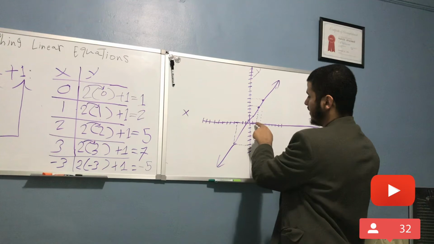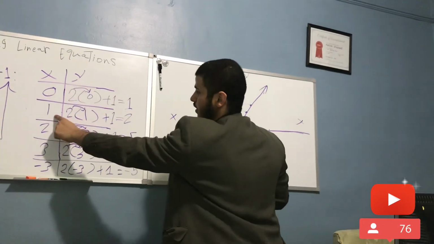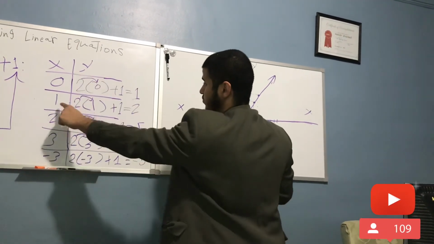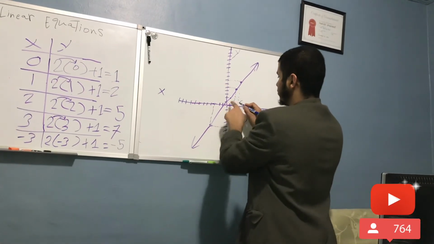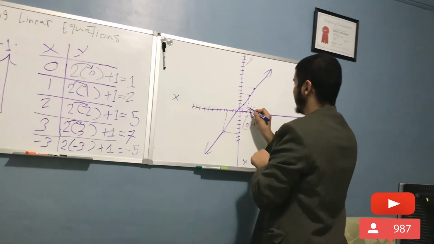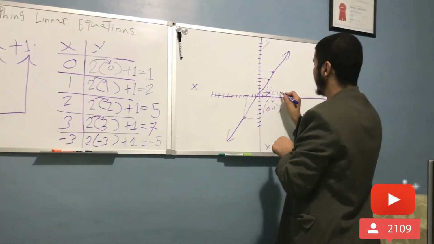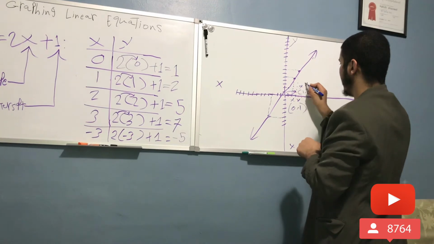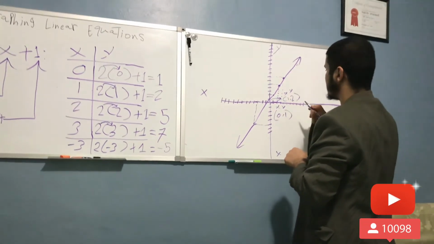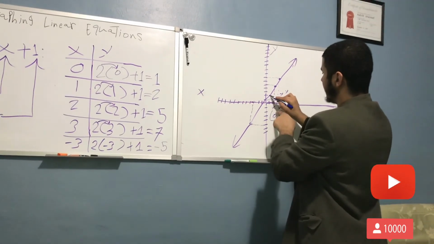In the second one, the x-axis is 1 and the y-axis is 2. So I'm going to put this right here. I have the second point right here.